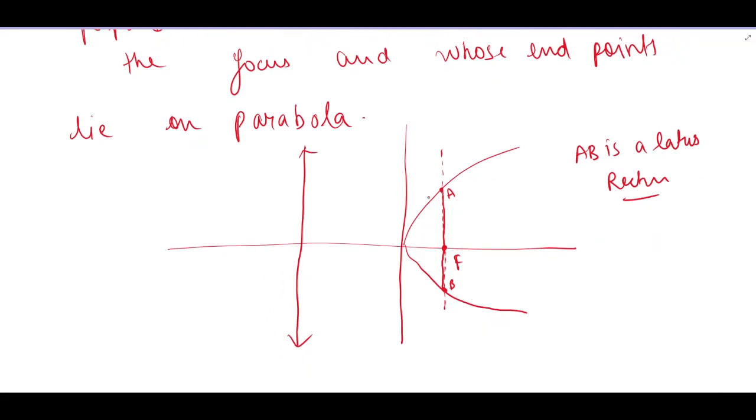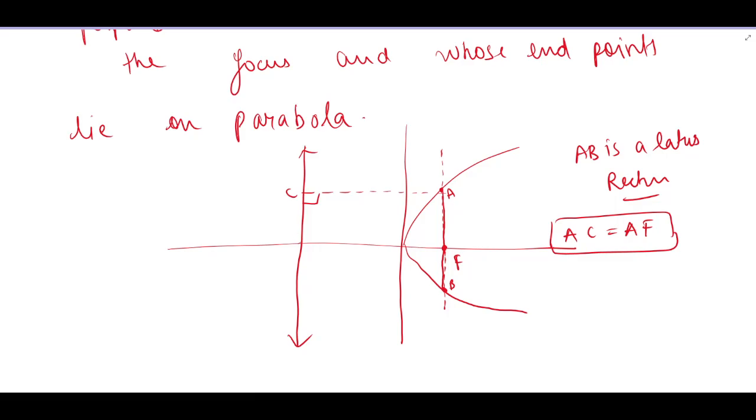If we drop a perpendicular from A to directrix, let this point be C. Then we can say AC is equal to AF from the definition of parabola.